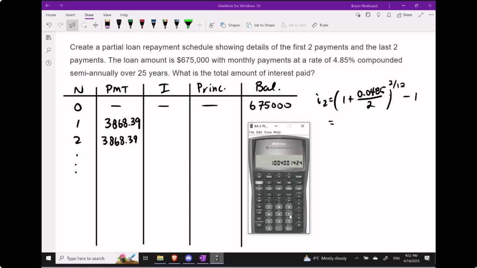Close that bracket and subtract 1, and now we have our value for I2. I'm going to store this under number 9 because we will have to recall this later. We should now be able to take our balance of $675,000 and multiply this by I2.